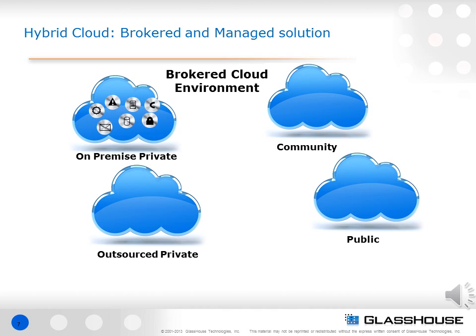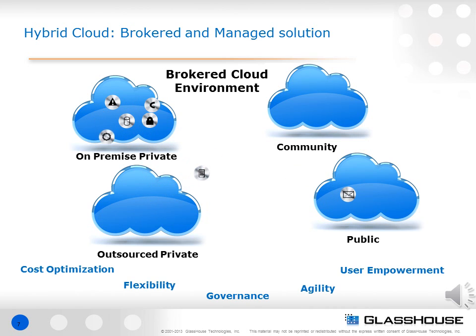When users want to deploy services to a cloud, they go to the broker to get access to the clouds rather than going to each individual cloud in turn. Also, if we want to move applications from one cloud to another, we do this through the tools in the broker, allowing us to move our applications dynamically between cloud types, but more importantly, dynamically between cloud types of different technology sets. This gives us enormous flexibility and enormous agility.